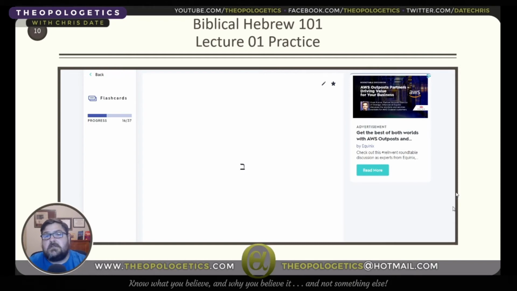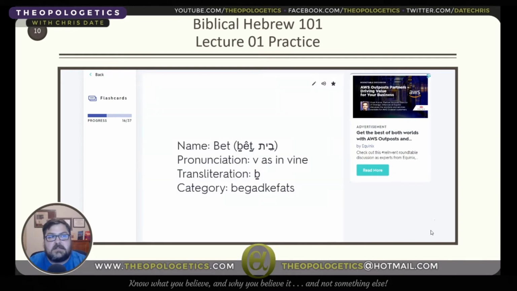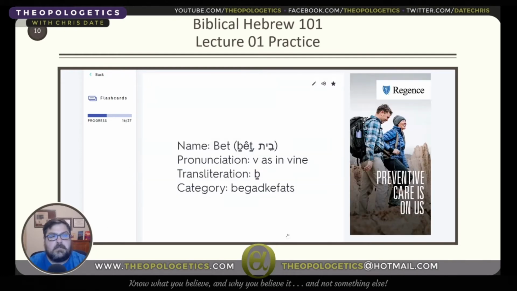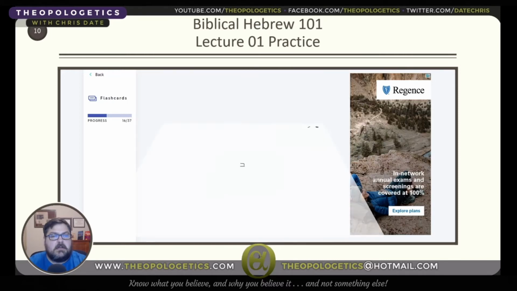But because there's no dagesh here, the letter B has a line under it in transliteration. And because I've explained that this makes a different sound with a dagesh than without it, you know this is a begad kafat consonant. Okay. Next up, here we go.